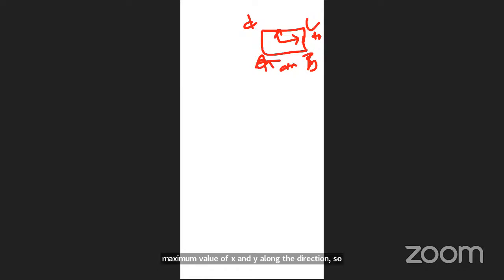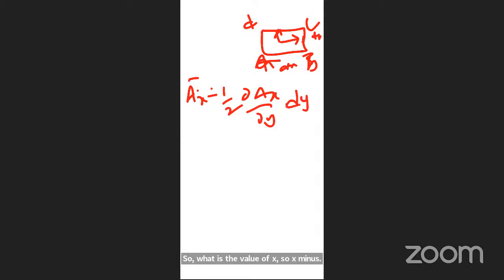So what is the value of Ax? Ax minus dou Ax by dou y into dy, this is along dx.